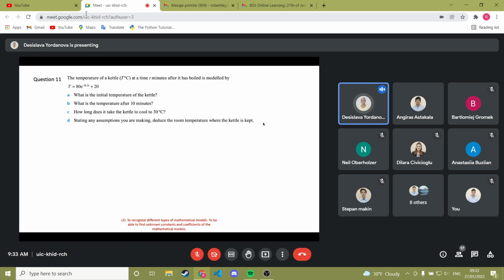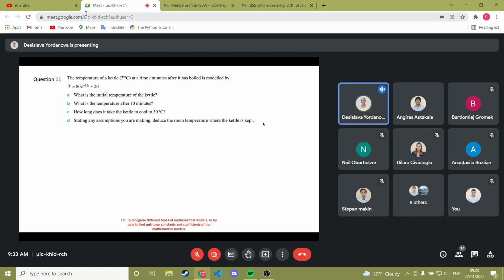How long does it take the kettle to cool to 30 degrees? How do we find this? We make the whole equation equal to 30. And how do we solve it? That's a very good question. We spoke about this.